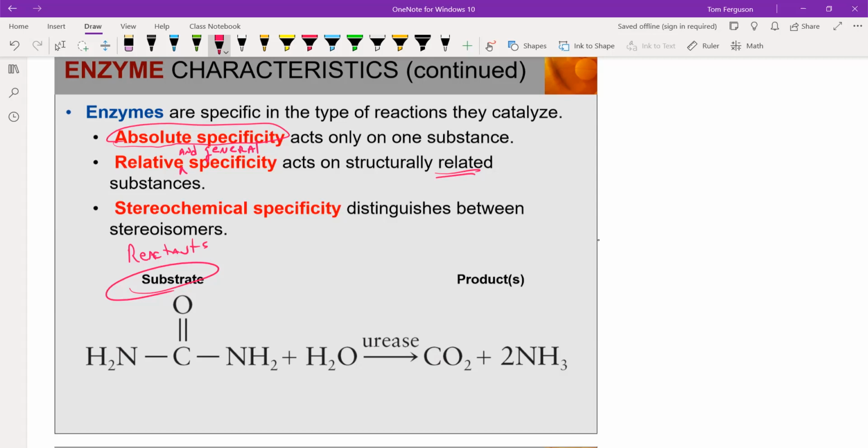Absolute specificity means it only works on one substrate, not substance, substrate. For example, sucrase. Sucrase is an enzyme that hydrolyzes sucrose to glucose and fructose.